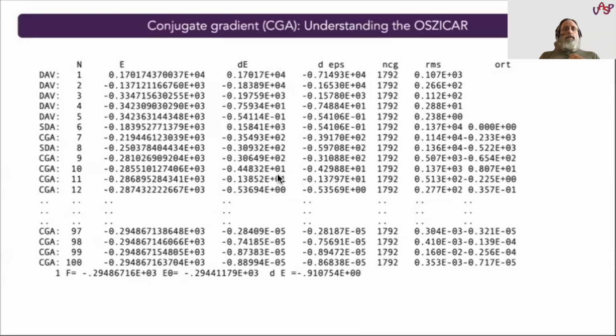This is different than what we saw for the direct optimization, for the self-consistency cycle. So this is no longer the change in the sum of eigenvalues, if you so want, per se. This is the expected change in the total energy based on the gradients and the step sizes. So this is the actual change. This is the expected change.